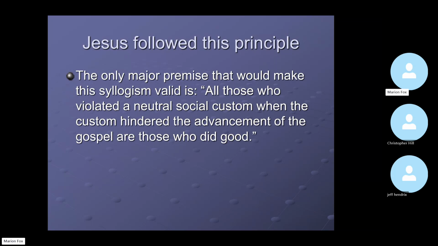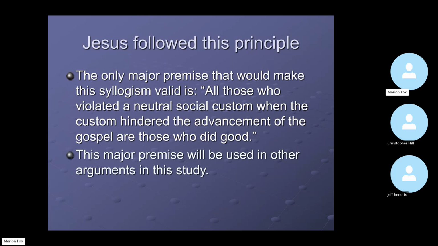So that's our principle now. So we have now a generic principle, and we violate a neutral social custom when it hinders the advancement of the gospel. And that's one situation where we would violate the custom. Are there any questions?